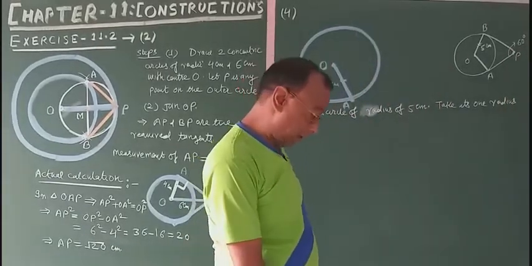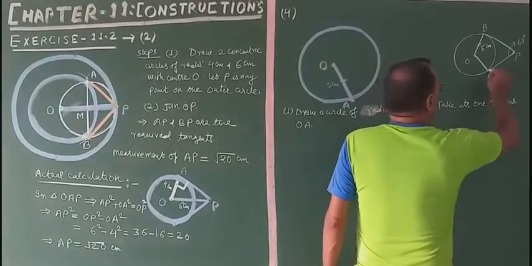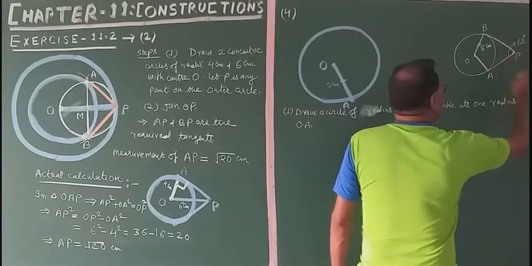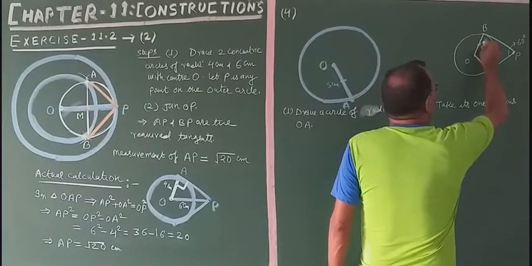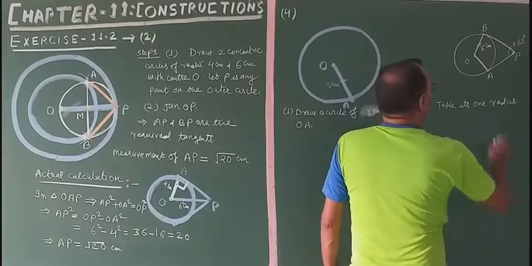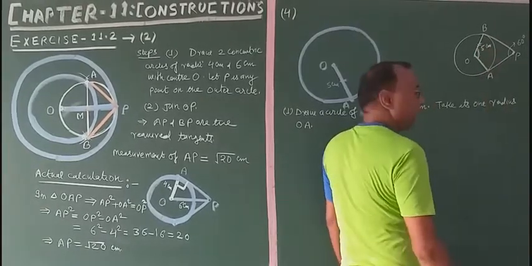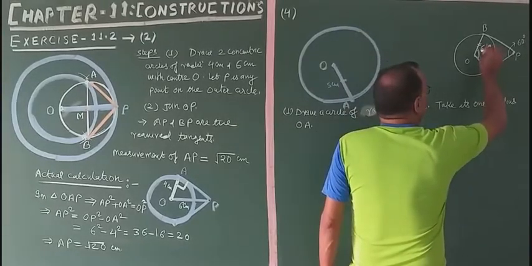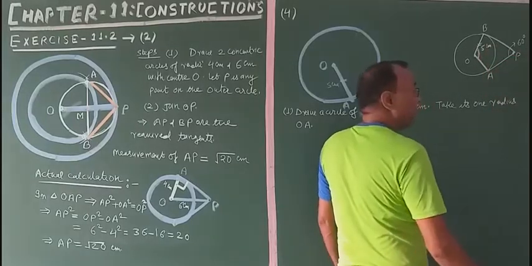Since we know the angle between the tangents and the angle which the points of contact make at the center are supplementary, the value of angle AOB and this angle APB should be 180 degree.